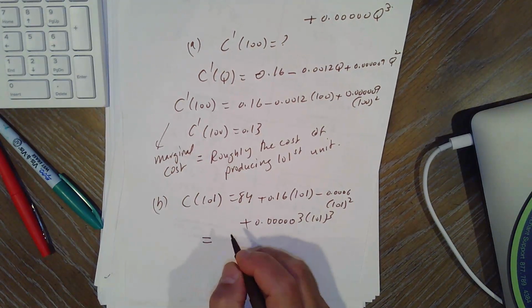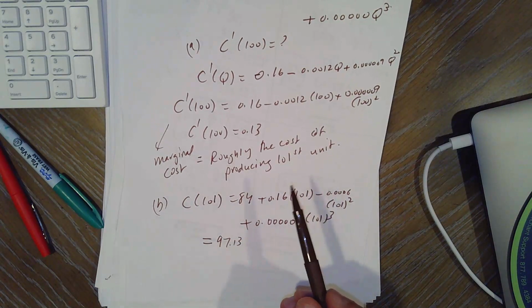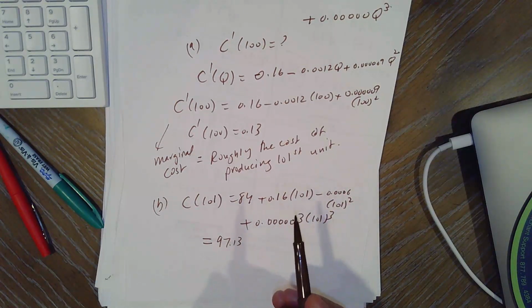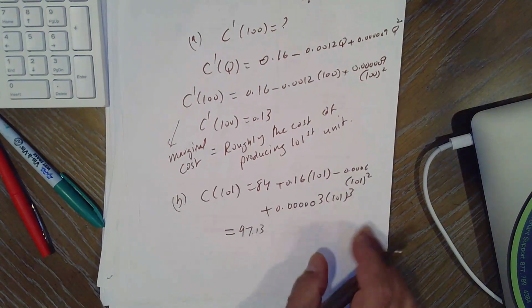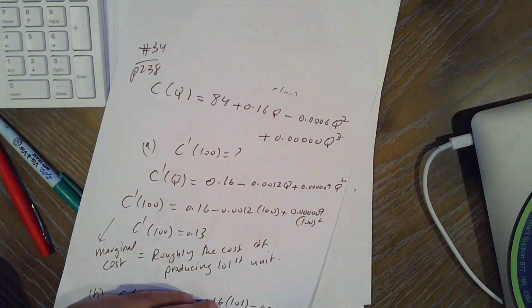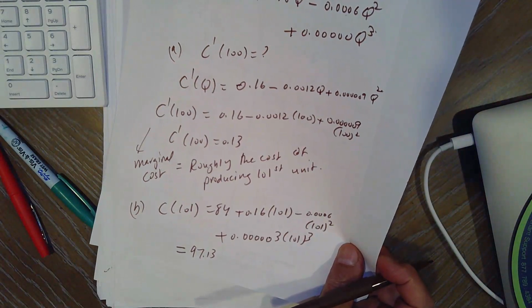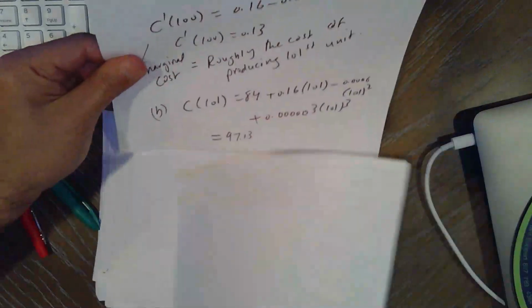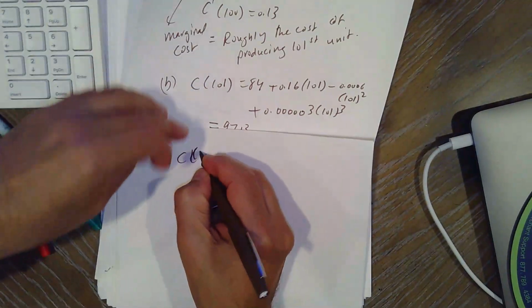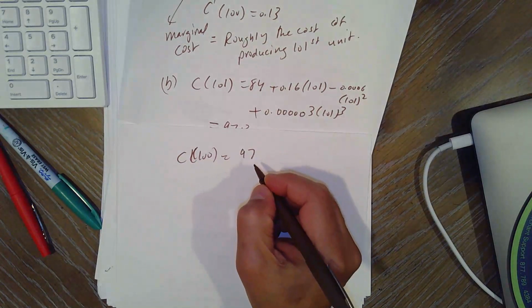Put that in your calculator, you get 97.3. And what was C of 100? C of 100 is 97.